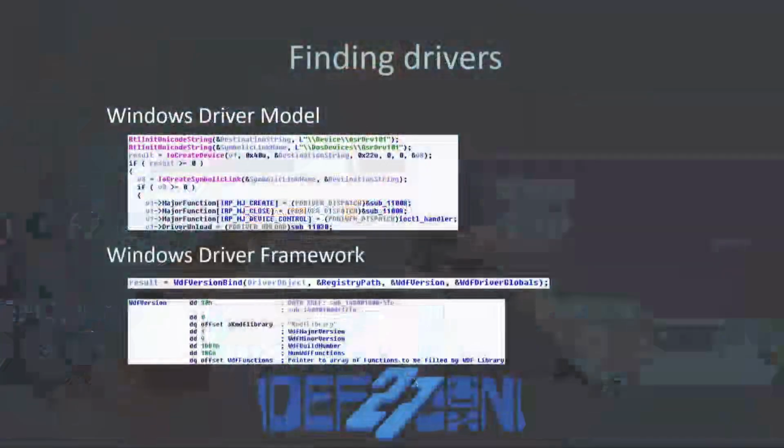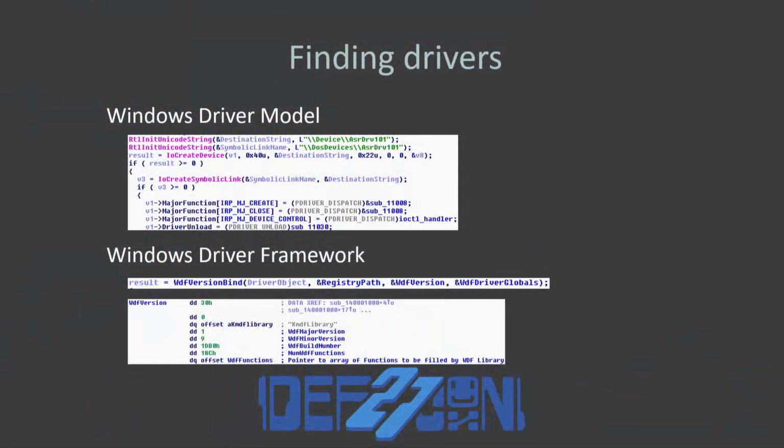One other thing to keep in mind is that there are two different mechanisms or frameworks you could use to write your driver. There's the older Windows driver model and the newer Windows driver framework. With the older version, your driver would just call IoCreateDevice and then write the address of a handler for all of the requests that user space is going to make to your driver to a specific address within a structure that it passes to this IoCreateDevice function.